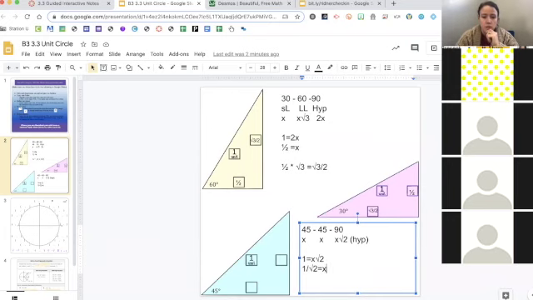So 1 over square root of 2. It's not proper to leave the radical in the bottom. So to get rid of it, we're going to multiply the top and the bottom by that radical, in this case, square root of 2.